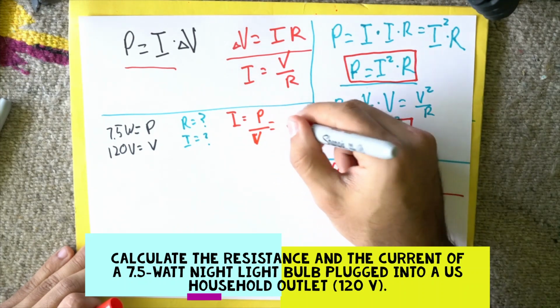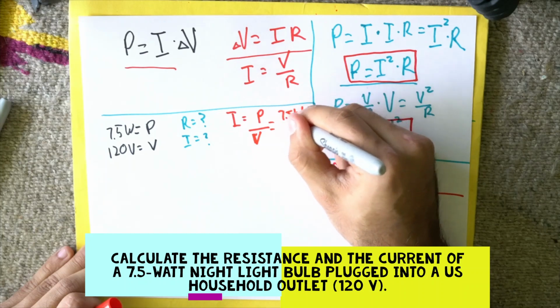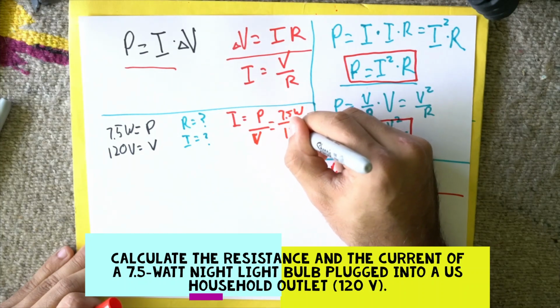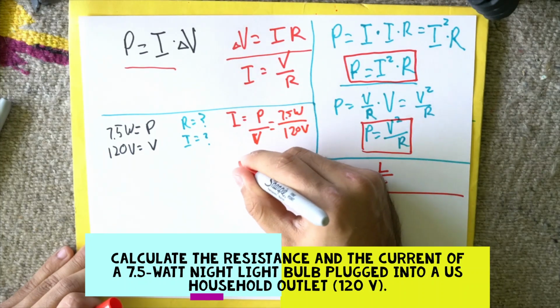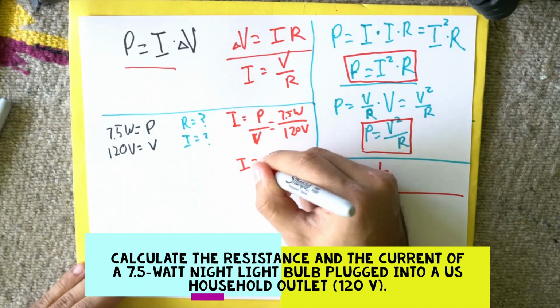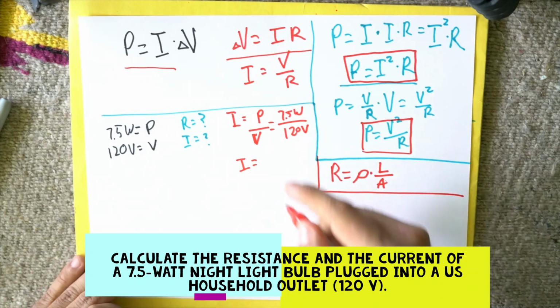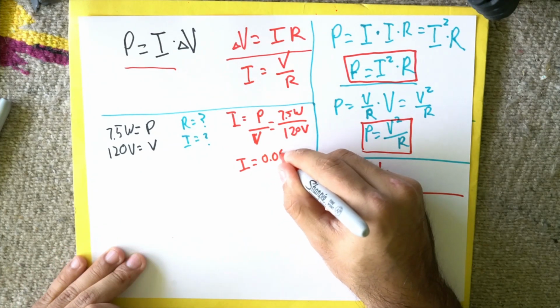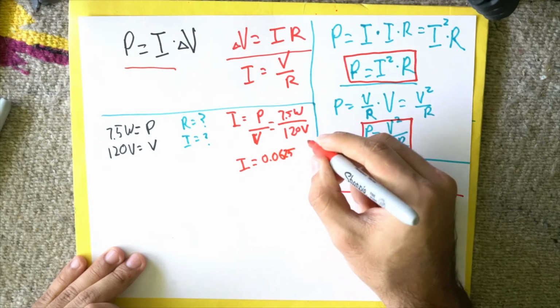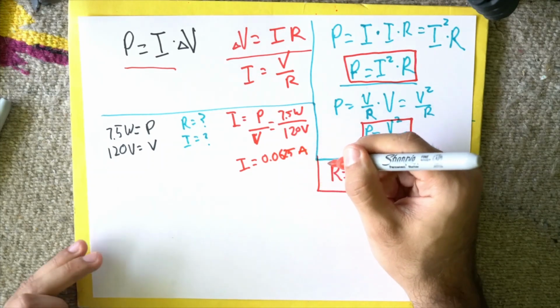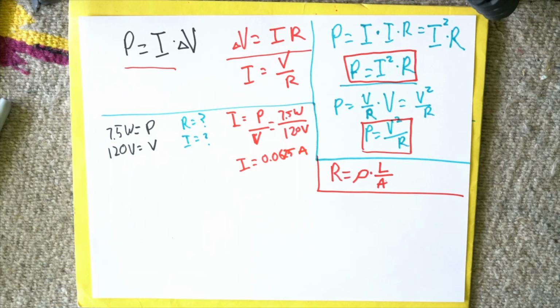So that will be 7.5 watts divided by 120 volts. So my current will then be 0.0625 amps.